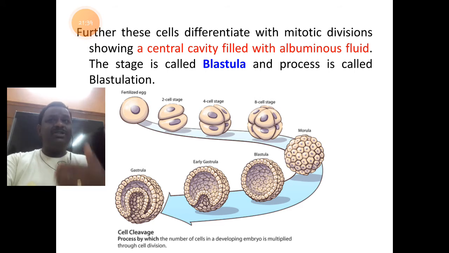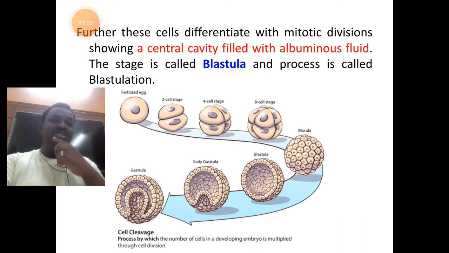This blastocoel is not an empty cavity, it is filled with albuminous fluid to form the coeloblastula stage, and we also call this stage the blastula stage, and the process is referred to as blastulation.